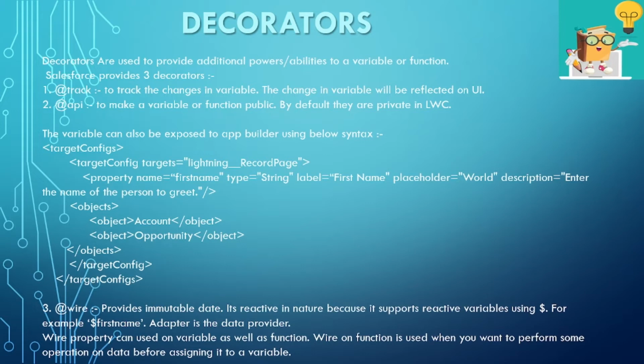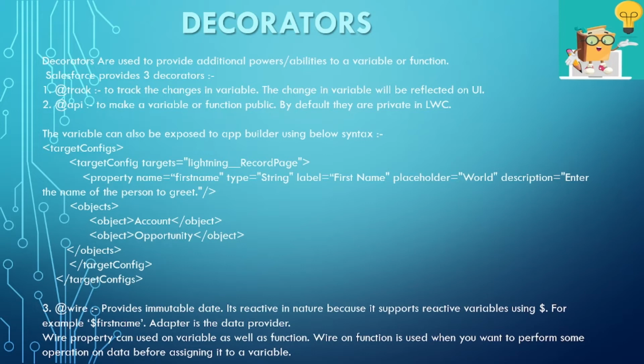For example, you have a parent Lightning Web Component and a child Lightning Web Component in a hierarchy. Now there are certain variables present in the child component, let's say the variable is username. Since by default they are private, you cannot refer to this username attribute in your parent Lightning Web Component.